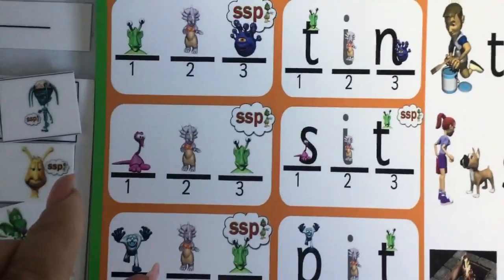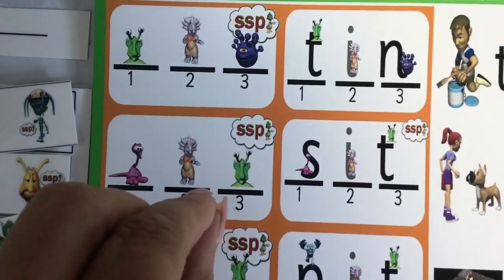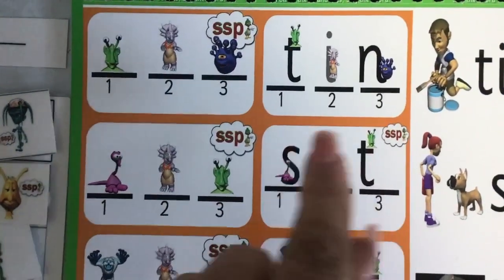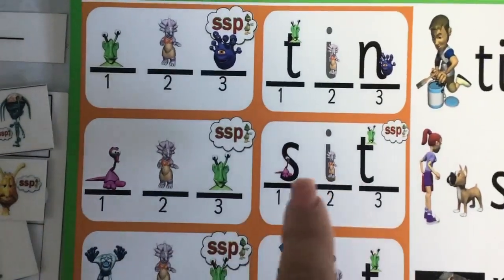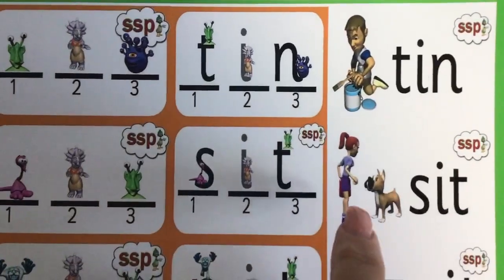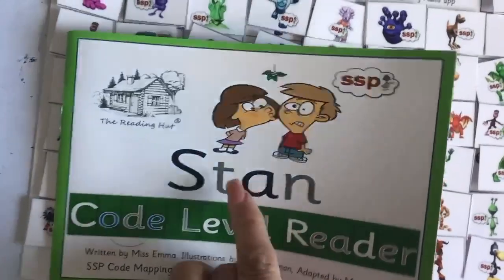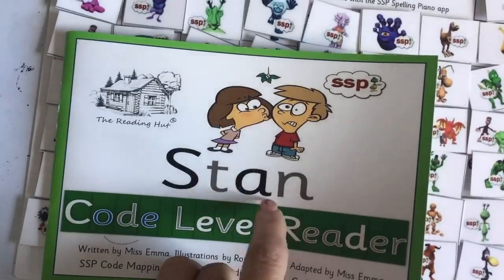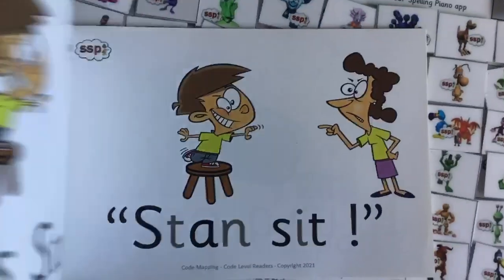Follow the monster sounds to say the word it, sit, the word sit. Which are the letters, which are the pictures of the sounds? It, sit. In this word it's the S, the I and the T. And here it is. She's saying sit. So when we start to look at these, we're still going to show them with the code mapping, which are the letters that go together.